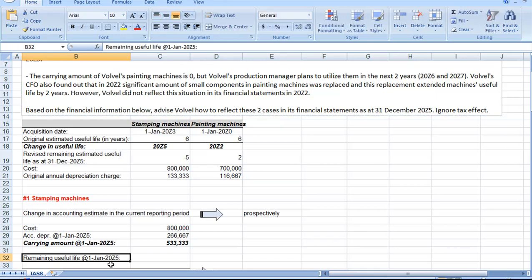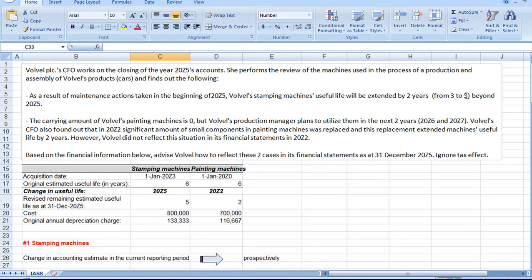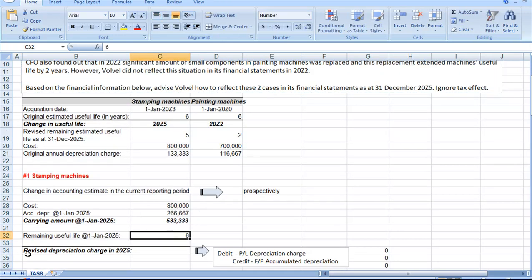So, remaining useful life in the beginning of 2005 was 6 years, because the question says that the extended useful life is 5 years beyond 2005, and plus we need to take 2005 into account too, and that makes 6 years. Revised annual depreciation charge is therefore opening carrying amount of 533,333 divided by 6, which is 88,889.